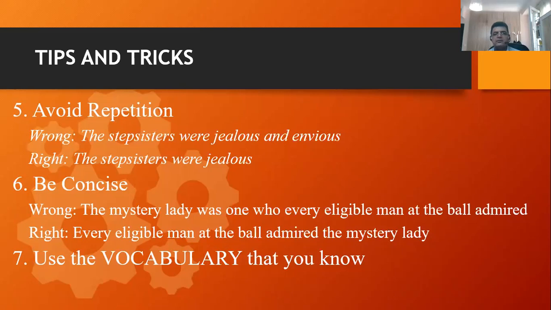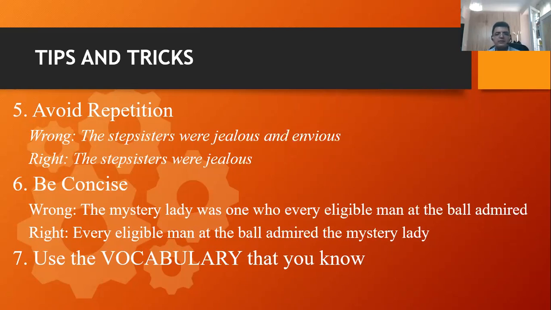The correct form would be "The stepsisters were jealous" or "The stepsisters were envious." Don't use both together. Or a very common error: students may write "I will repeat it again." Actually, repeat and again cannot accompany each other. You should write "I will repeat it." Using "again" is a common error in academic writing.